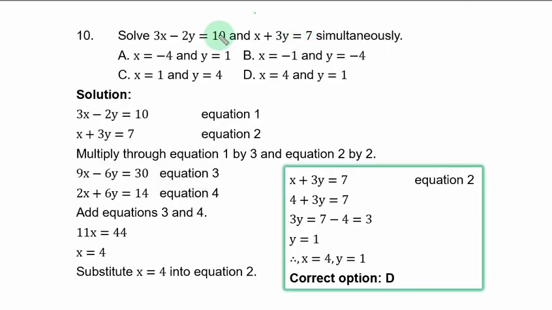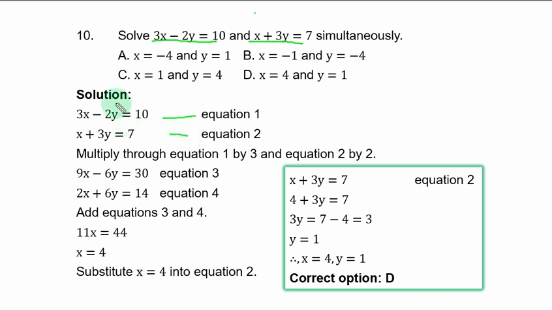Question 10. Solve 3s minus 2y equal to 10 and s plus 3y equal to 7 simultaneously. You label the two equations 1 and 2. I want to solve by the method of elimination, and I want to eliminate variable y.